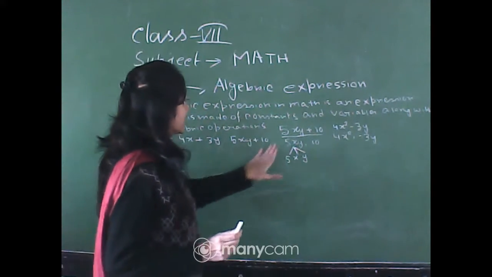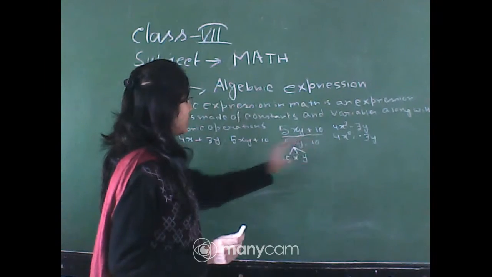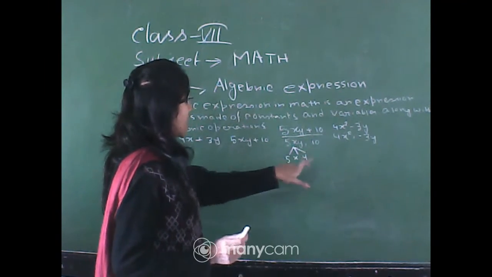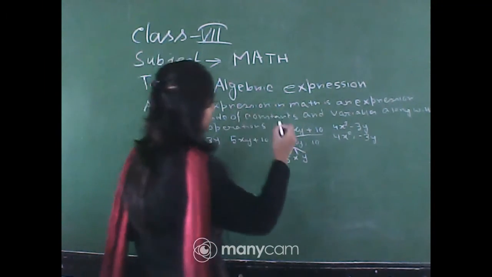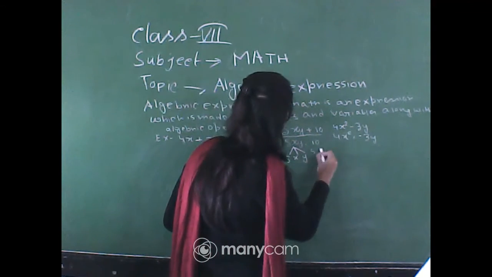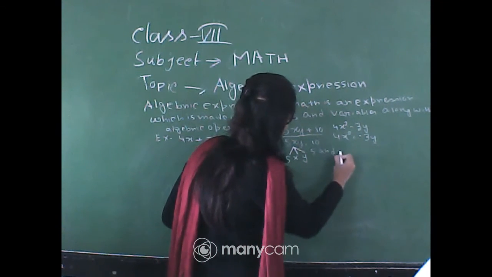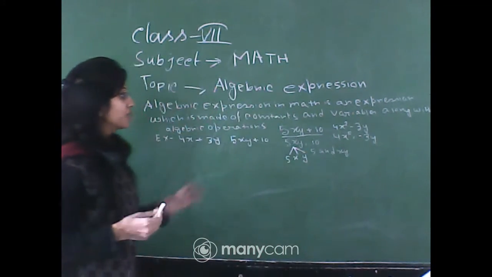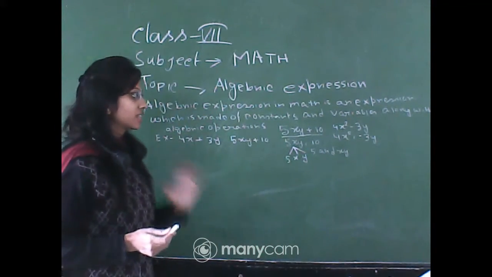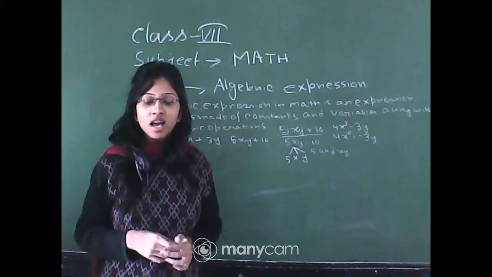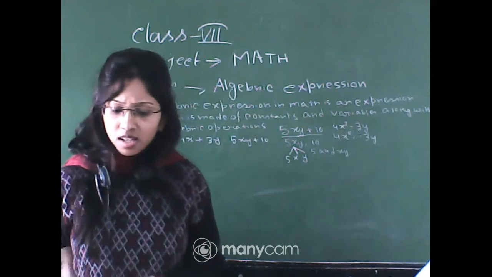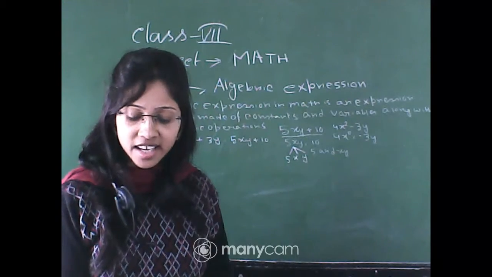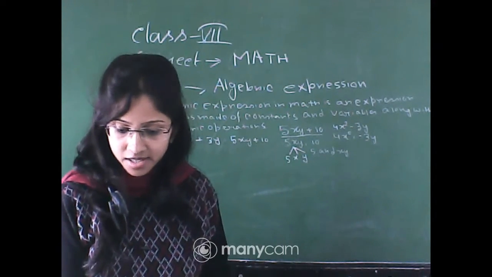Therefore, the factors of the term 5xy are 5x and y. It is also the product of 5 and xy, but these are not factors because xy can be further factorized. Factors are such that they cannot be further factorized. Okay.